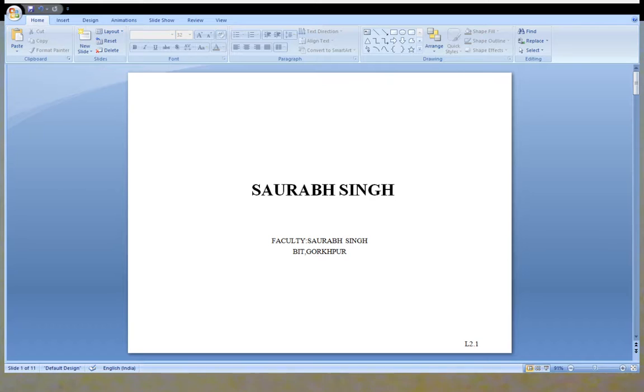So n cube would cancel out, and 2 cube is equal to 8. So we can say that c is equal to 4 by 8, which is 1 by 2. Here instead of c n by 2, you should write just n by 2 cube. So c is equal to 1 by 2, which should be smaller than 1.